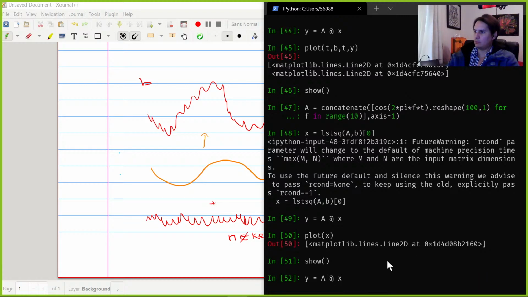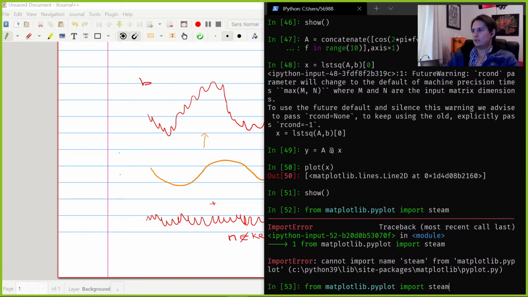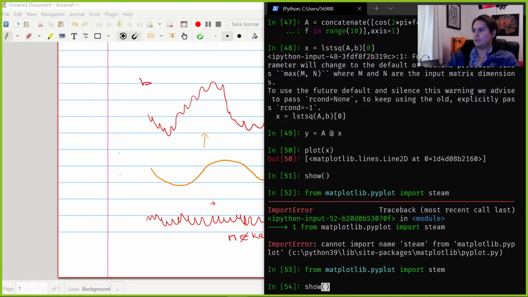I can import stem from matplotlib.pyplot.